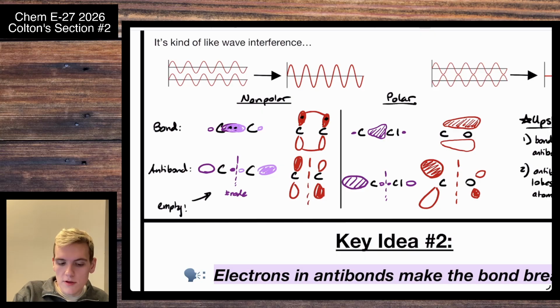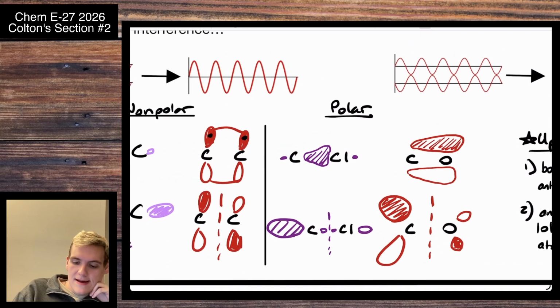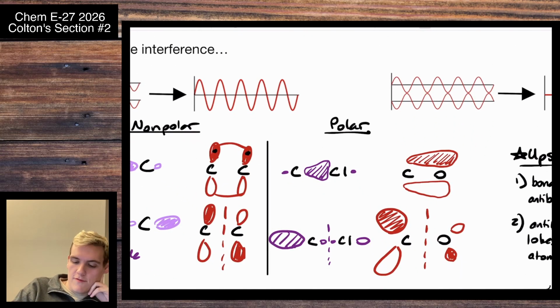In non-polar bonds, the atoms are sharing the electrons totally evenly. But for polar bonds, imagine we use that loaf metaphor here. This would be a pi bond, which is made up of a p orbital and a p orbital. But oxygen is more electronegative.